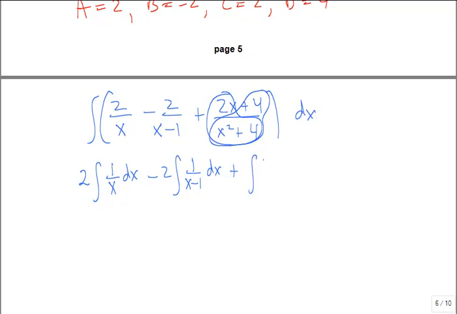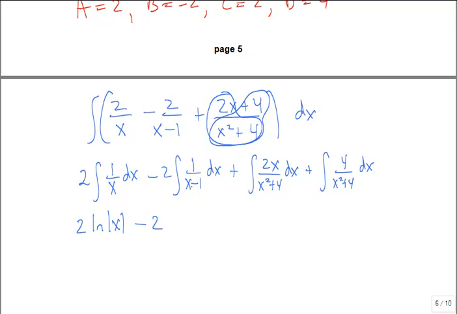I'm going to have 2x over x squared plus 4 plus 4 over x squared plus 4. So I'm breaking up that sum between the cx and the d. So let's see how this helps. This one here is just ln of x, right? The derivative of ln of x is 1 over x. So this is 2 ln of the absolute value of x minus 2.